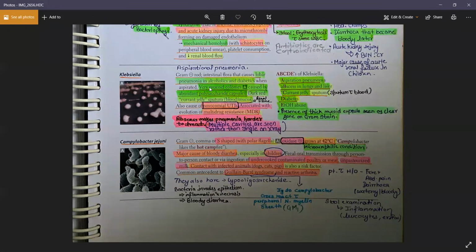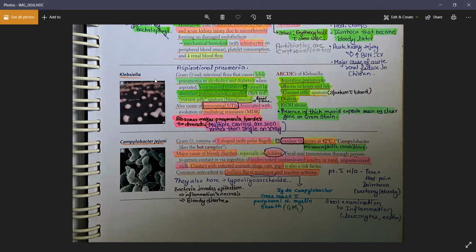With any of these things, if you are an alcoholic, then you're likely to get loss of consciousness, or a seizure patient, or an old age patient, or a patient who is having some kind of paralysis of their GI part or their mouth. So they're likely to get aspiration pneumonia. Okay, and they will aspirate this Klebsiella.